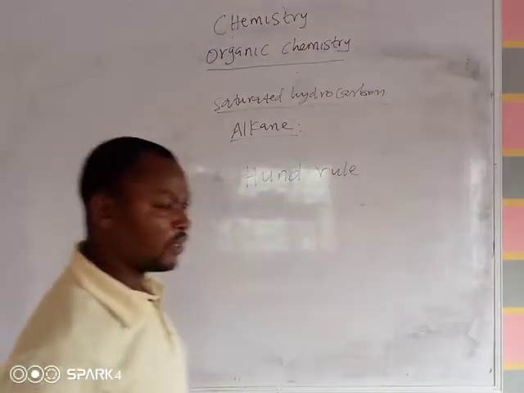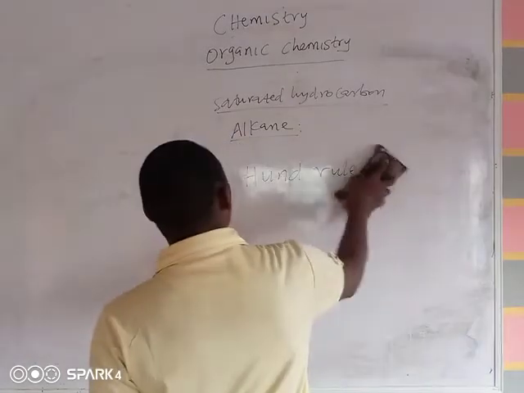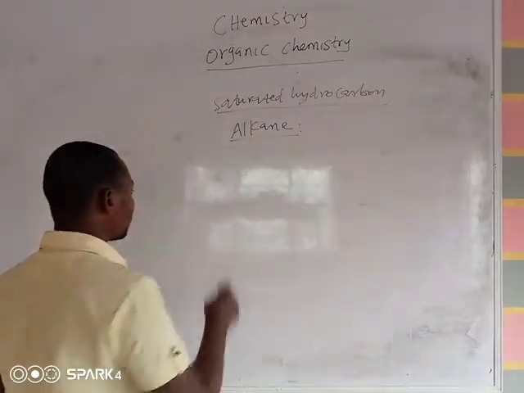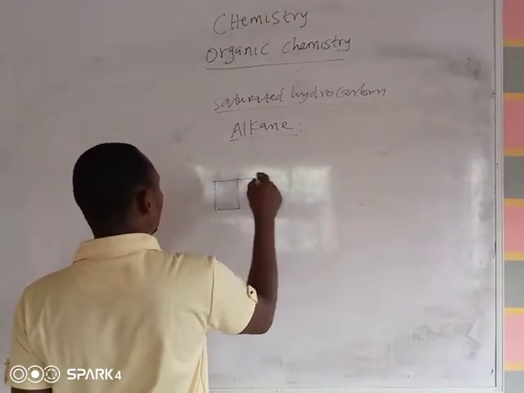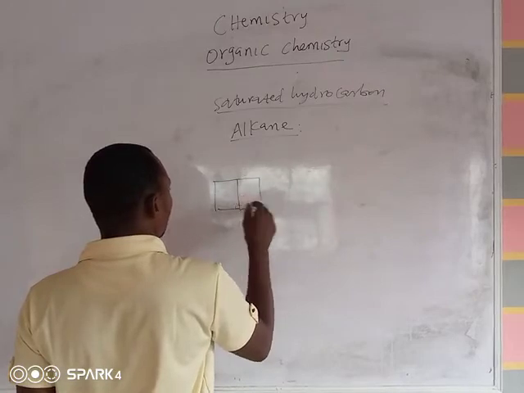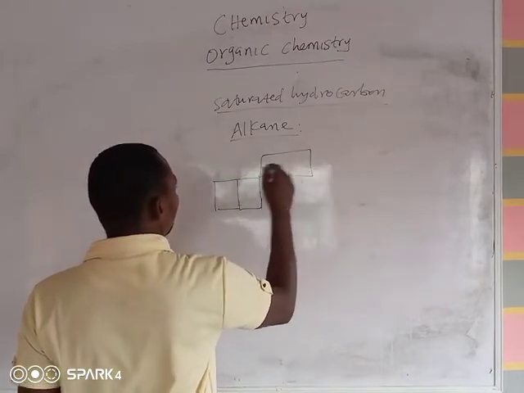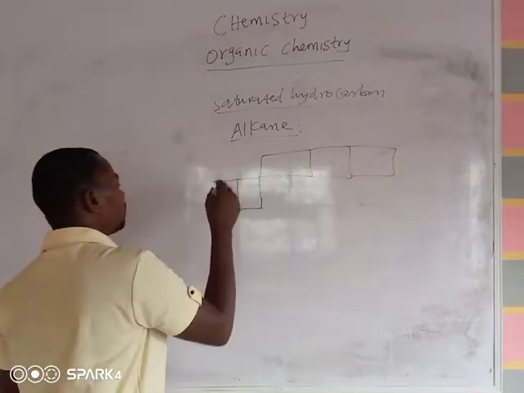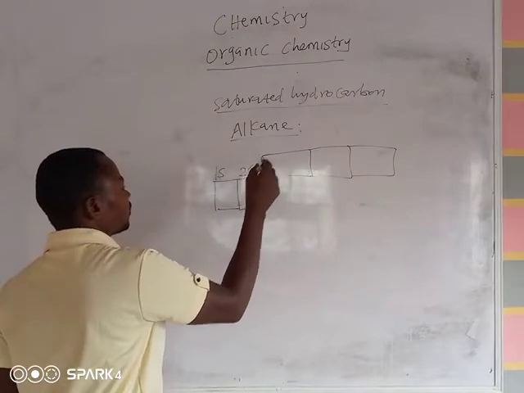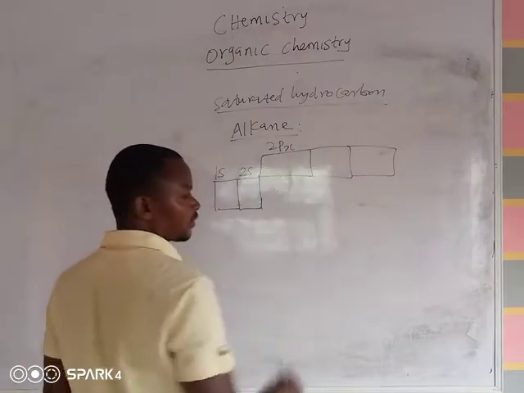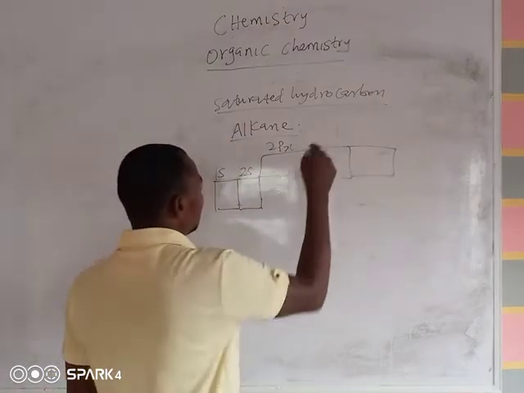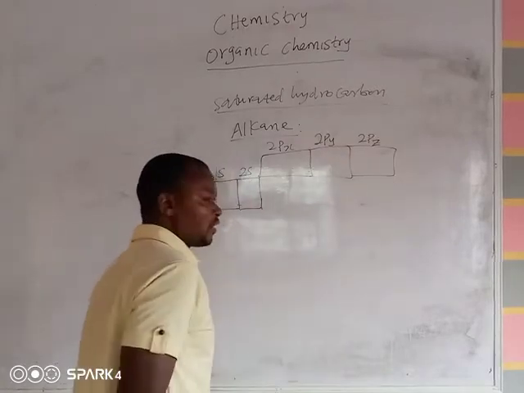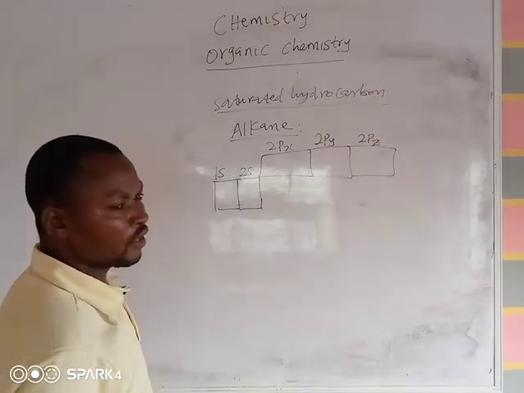So if we want to handle the hybridization using Hund's rule, we have the orbitals in this way, where we have 1s, 2s, 2px, 2py, 2pz.